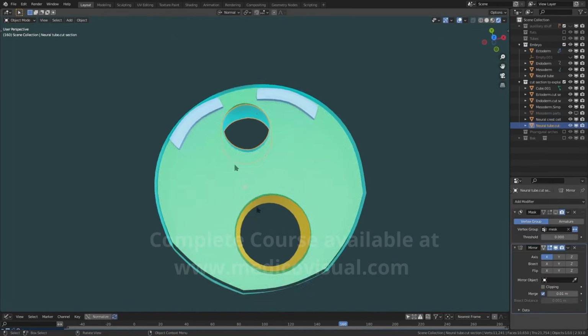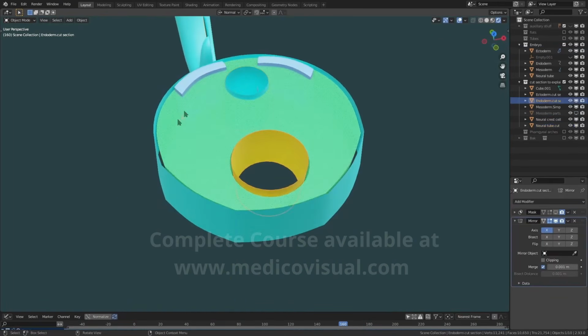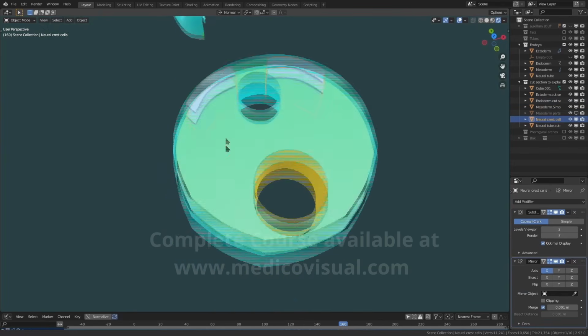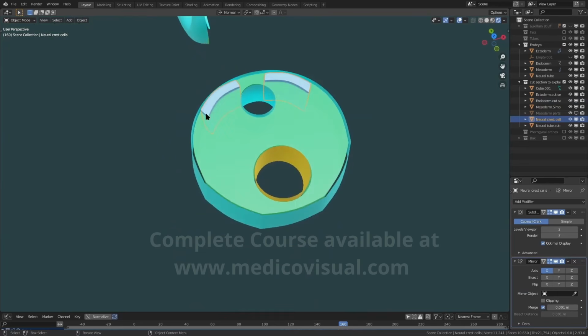Here is the endoderm, and this is the mesoderm. Here is the ectoderm, and here are the neural crest cells. Now basically what happens is that these neural crest cells will move ventrolaterally at this position, and as this happens, there will be formation of a swelling, and that swelling is called the pharyngeal arch.